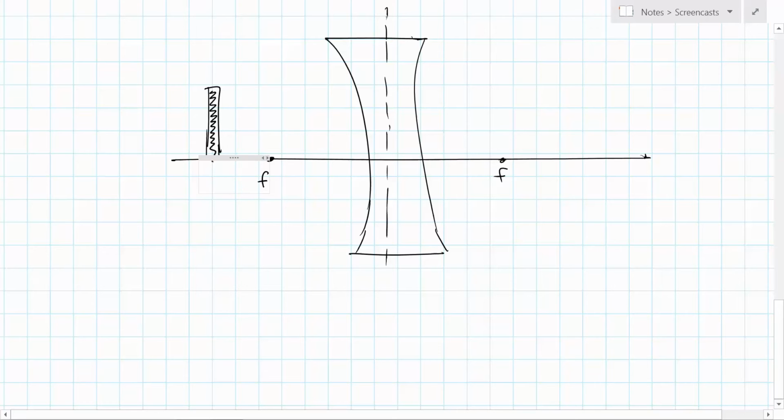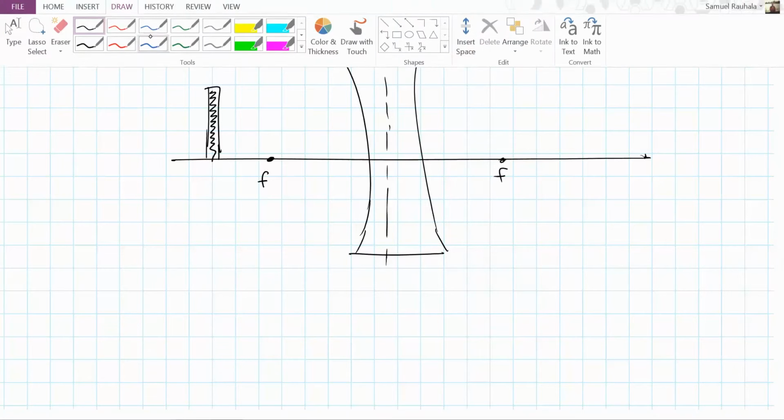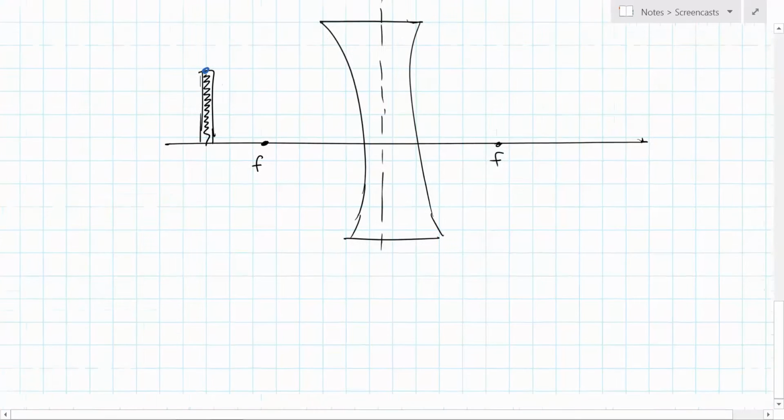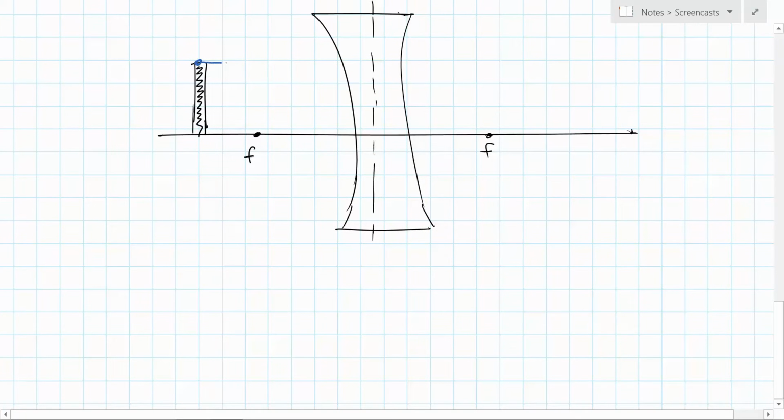And so again, we are going to draw our rays. First one is going to go in parallel. And since this has to diverge, it's going to go out from F. So it goes out something like this. Again, same kind of rule, but plays out a little differently.